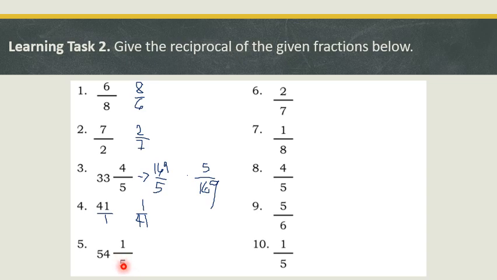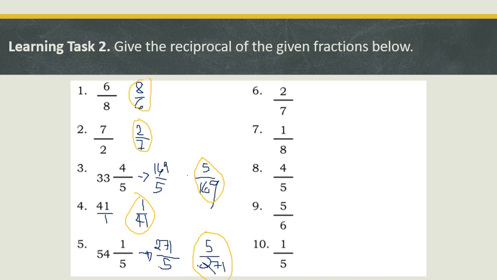Multiply natin yung 5 times 54. Ang answer natin yan is 270 plus 1 is 271. Then, copy natin denominator which is 5. Reciprocal ng 271/5 is 5/271.